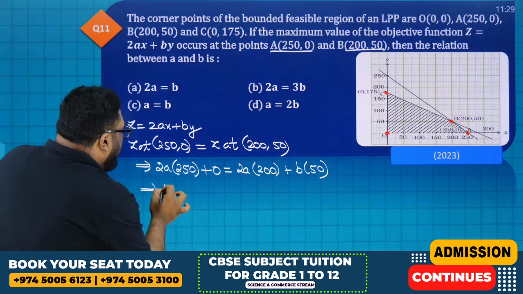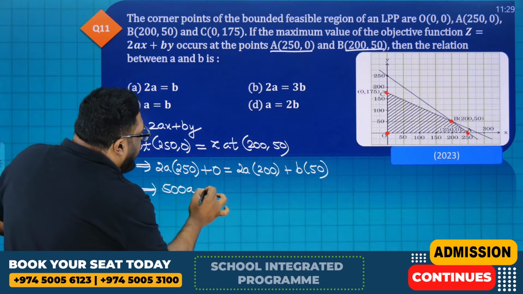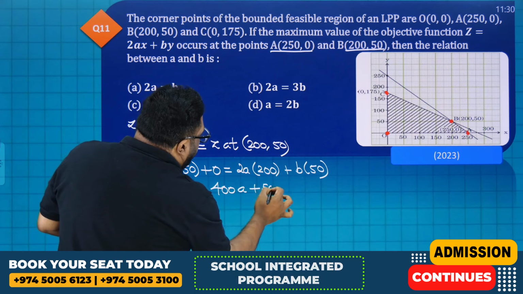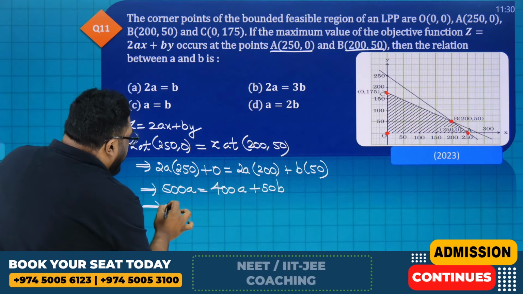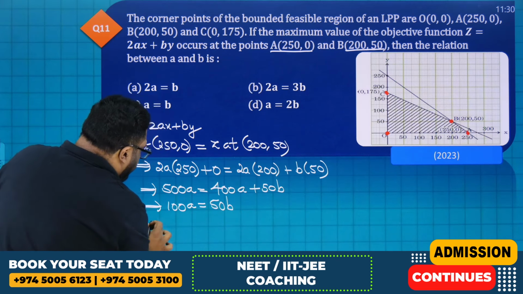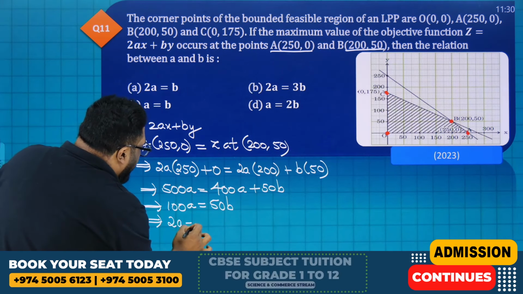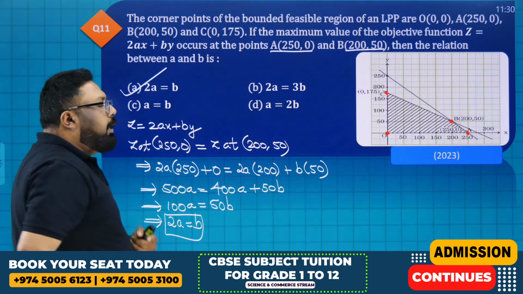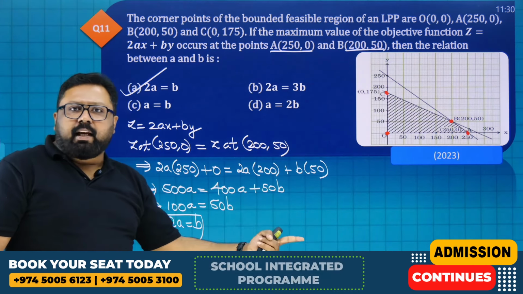So, we have 500A is equal to 400A plus 50B. So we have 100A is equal to 50B. So 2A equals B. That is the equation we got. 2A equals B, option A. Very simple and easy answer.